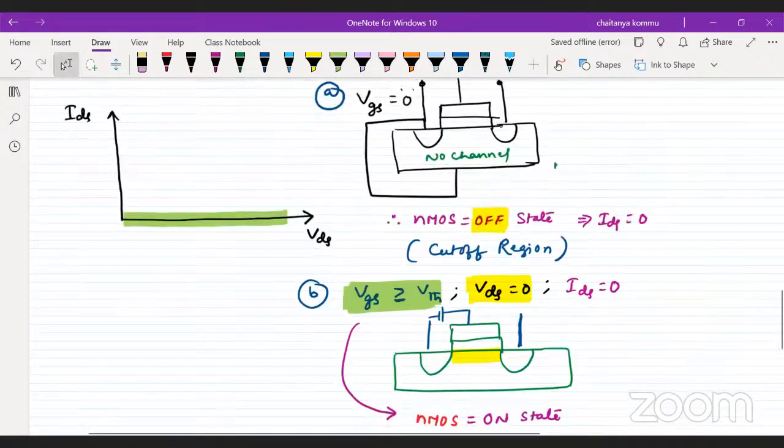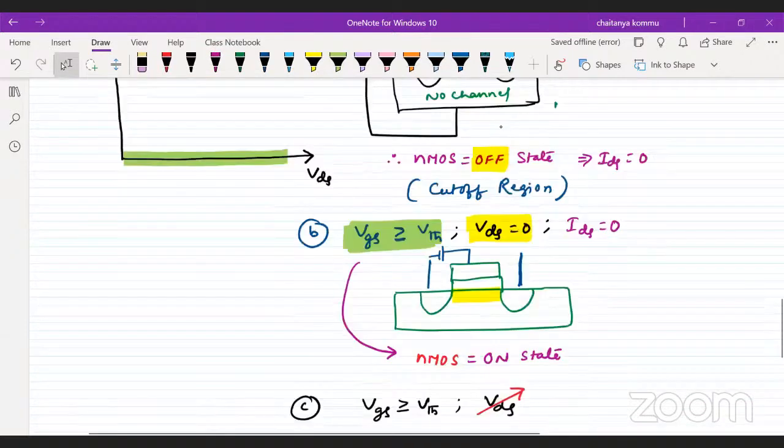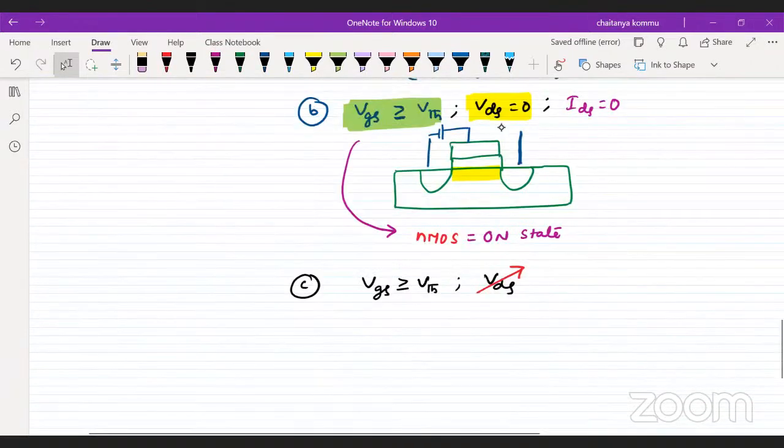Now it is meaningful to say that the IDS value is not equal to 0. Am I right? Obviously, the carriers can move from source to drain. Current will flow from drain to source. There is no doubt at all.